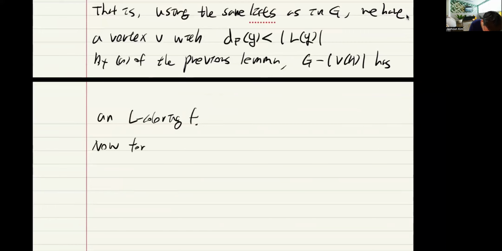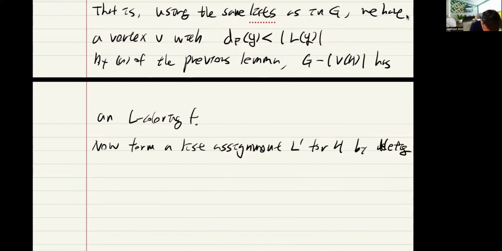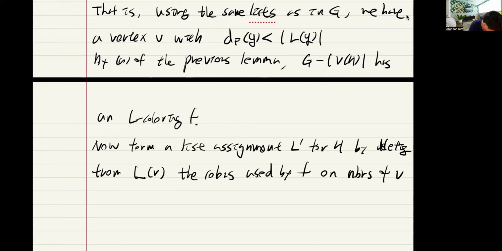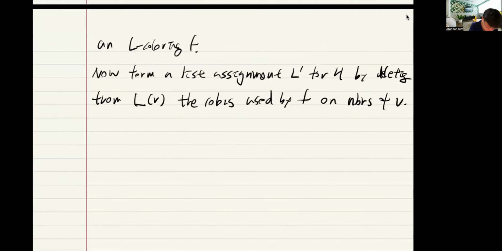Now we form our list assignment L prime for H by deleting from its list all the colors used by f on neighbors of v. And what?